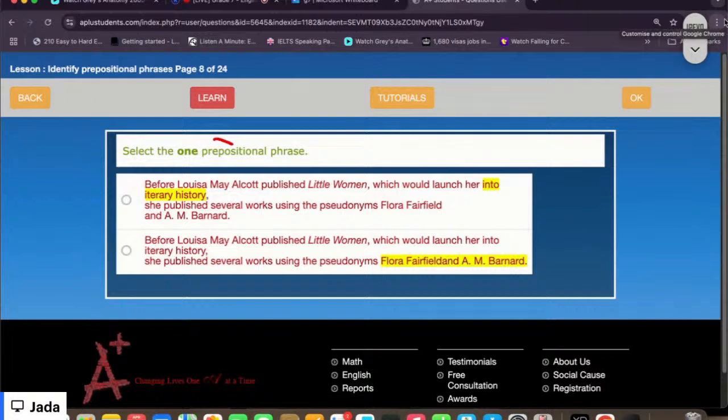Okay, so before Louisa May Alcott published Little Women, which would launch her into literary history, she published several works using the pseudonyms Flora Fairfield and A.M. Barnard.